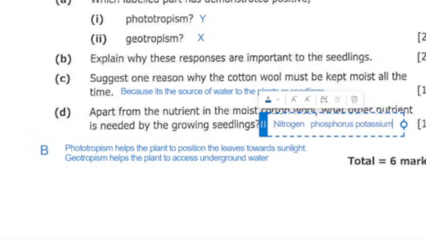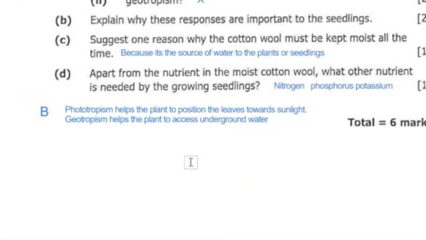They also need potassium. So these three nutrients are needed by the plant. You can pick one of the three to be correct. Whether you write nitrogen, phosphorus or potassium, these will be accepted. So basically these were the answers for question 3.